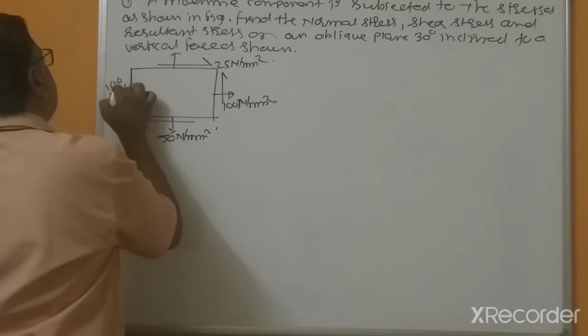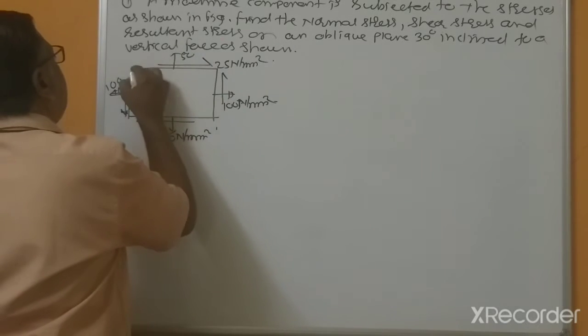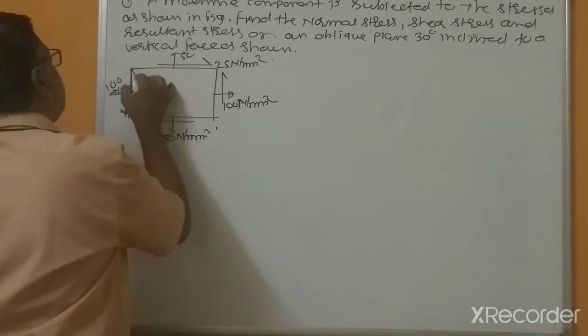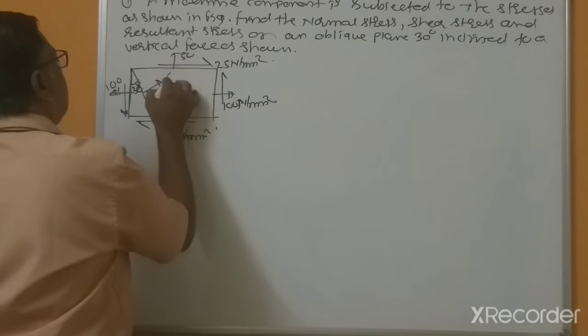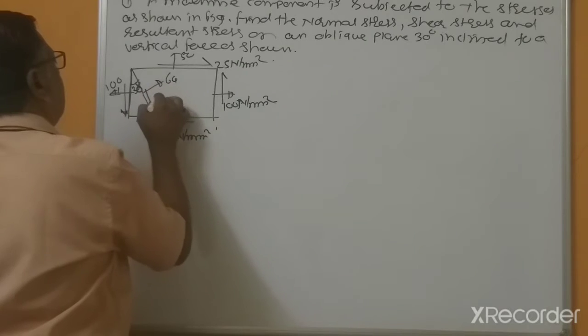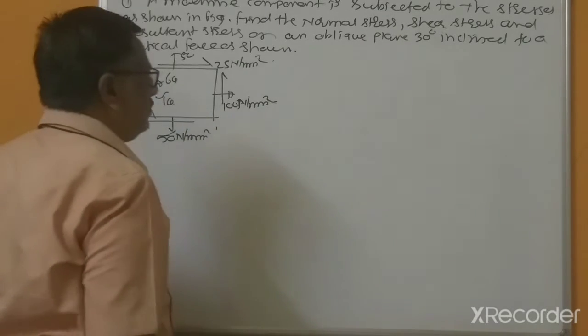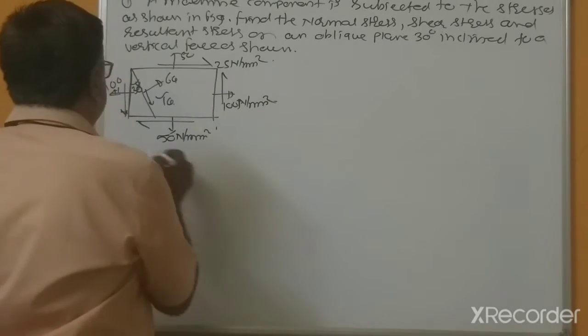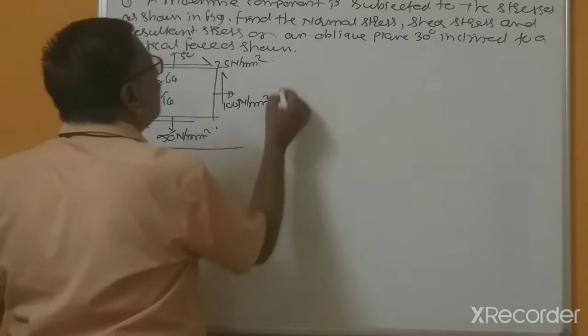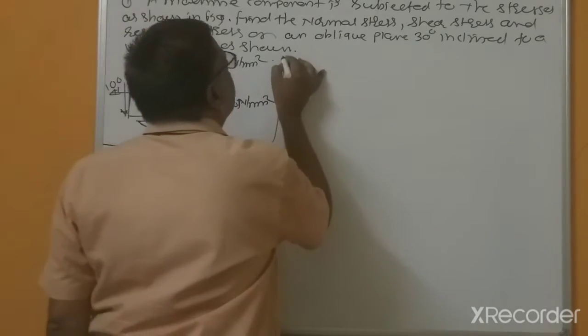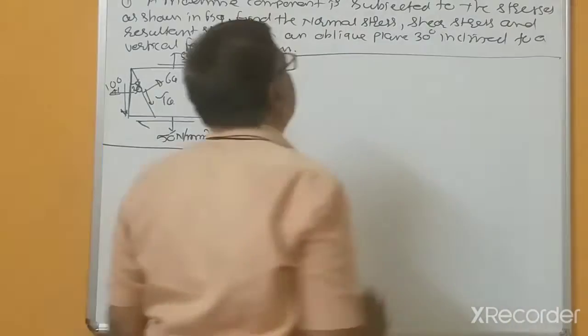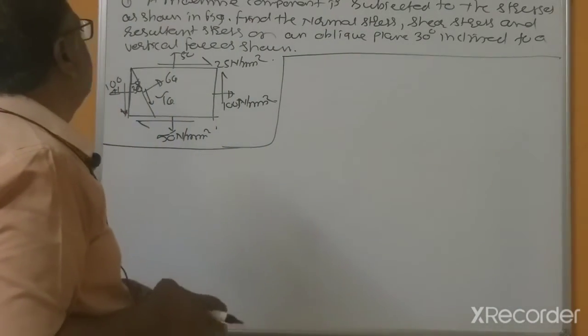This is 100, this is 50, this angle is 30 degree, and this is tau theta. So here only 3 stresses are to be calculated.